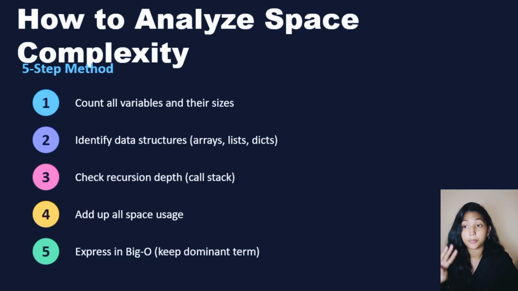Step 3 is analyze recursion: check the recursion depth in the call stack. Step 4, add up space: sum all space usage. And step 5 is express in big O notation: keep the dominant term, drop the constants.